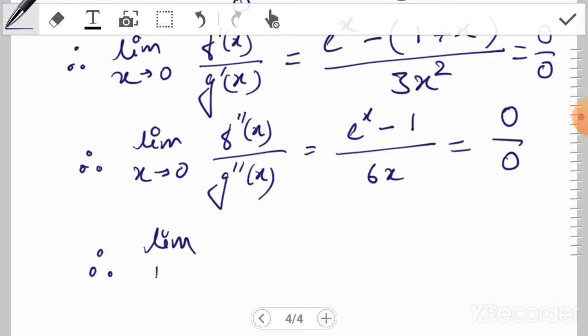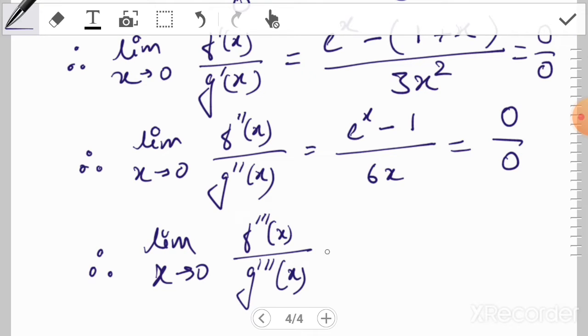So limit x tends to 0 of f'''(x) by g'''(x), so e to the power x by 6. Now if you put x equal to 0, this is 1 by 6, which is not an indeterminate form.